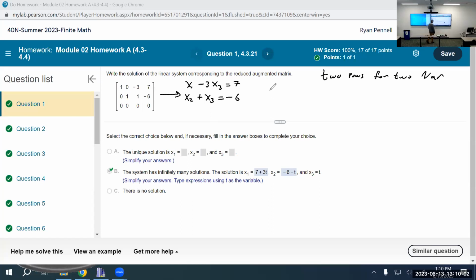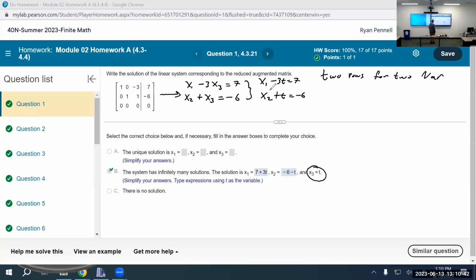We'll look at a matrix that has no solution in a few moments, but I think this one has infinitely many solutions. What I'm going to do is have x3 be the free variable, which is t. So if I let that be t, then I can write this as x1 minus 3t equals 7, and x2 plus t equals -6.